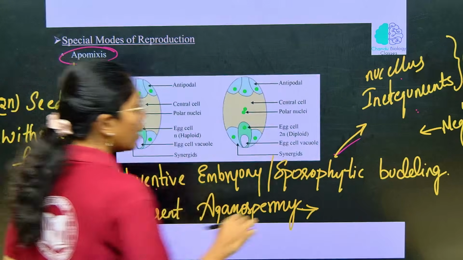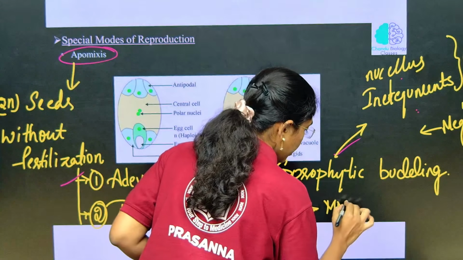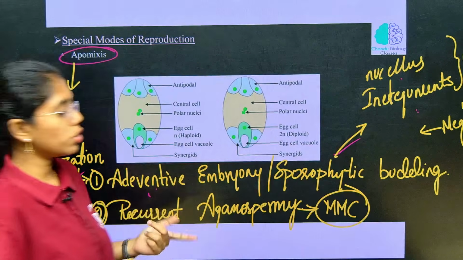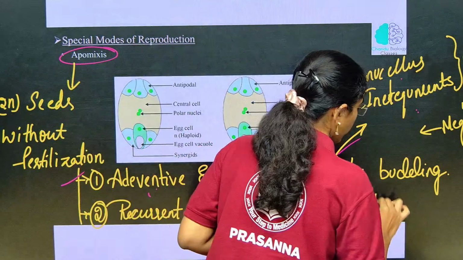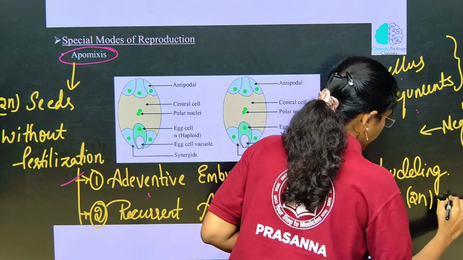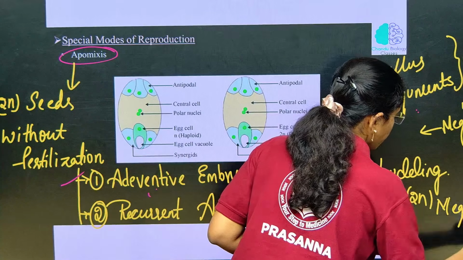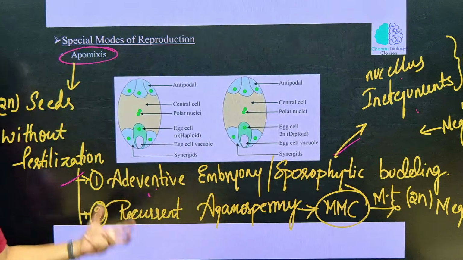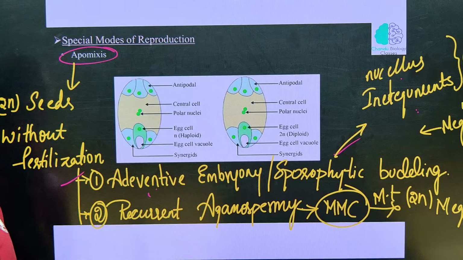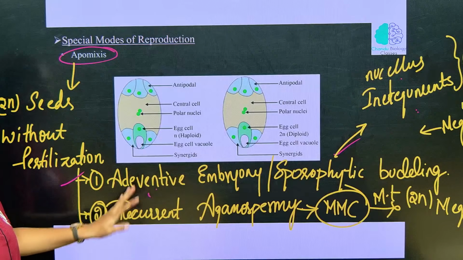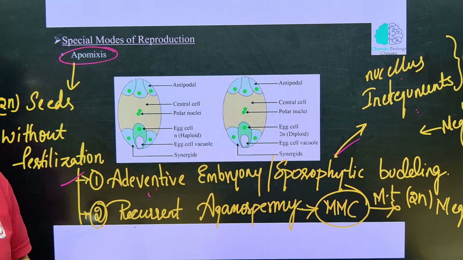But in recurrent agamospermy, the megaspore mother cell, instead of undergoing meiotic division, undergoes mitotic divisions, forming diploid megaspores, and thereby the diploid megaspore gives rise to a diploid embryo sac and diploid embryo. Likewise, a diploid embryo is formed from recurrent agamospermy. Clear, right? This is about two types, adventive embryony and recurrent agamospermy.